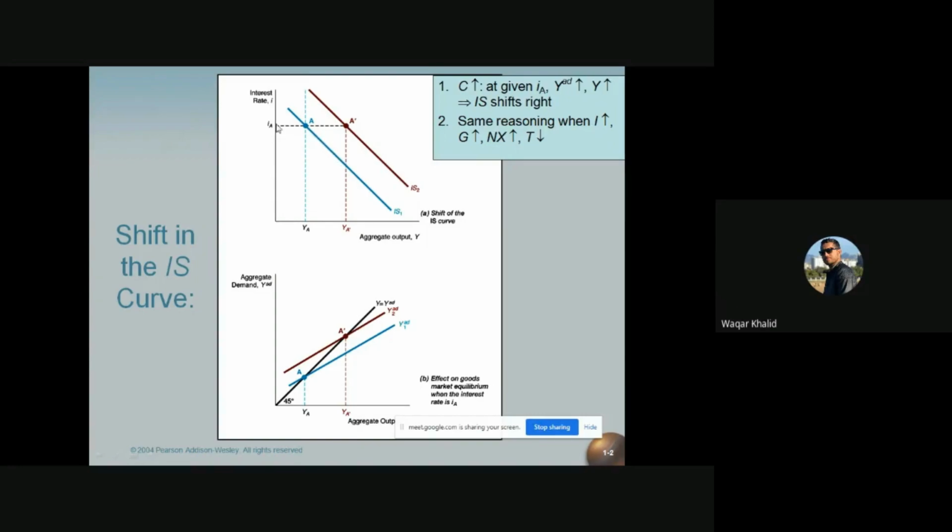But when the interest rate is fixed, when the interest rate is constant, it means we have shifted the IS curve; it will completely shift from its original position. An autonomous rise in net exports unrelated to the interest rate, for example, because American-made jeans become more fashionable than French-made jeans.